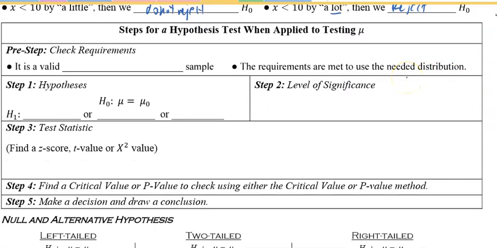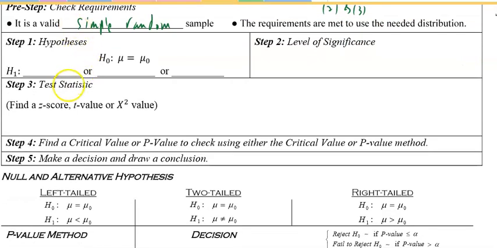Steps for a hypothesis test when applying to test the population mean. I'm going to go over what we went over last time. It's the same idea. We want a simple random sample. Requirements 2 and 3 above have to be satisfied. Hypothesis testing is one of three things. The null always says it's the same.